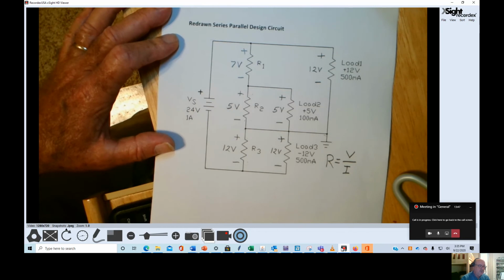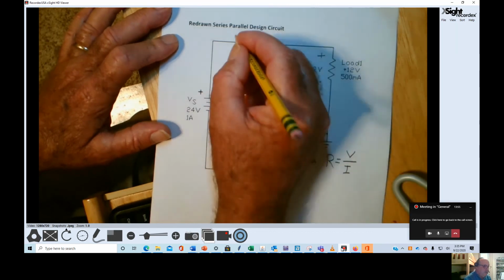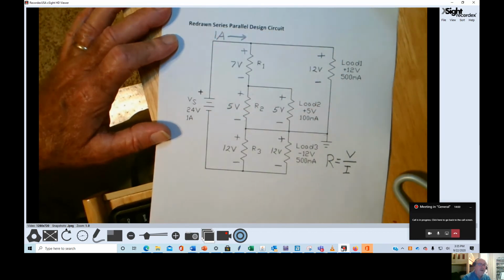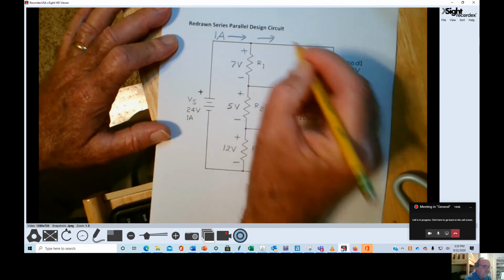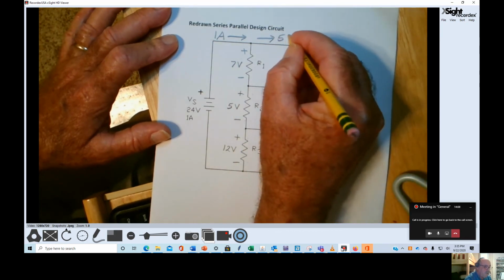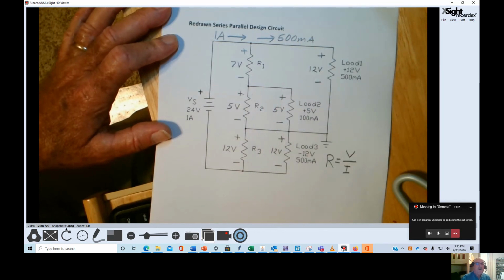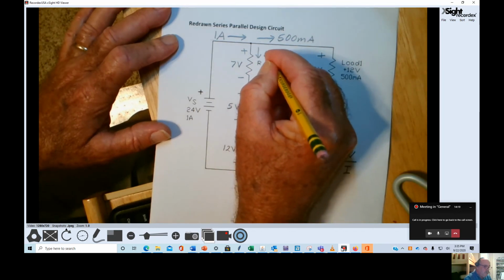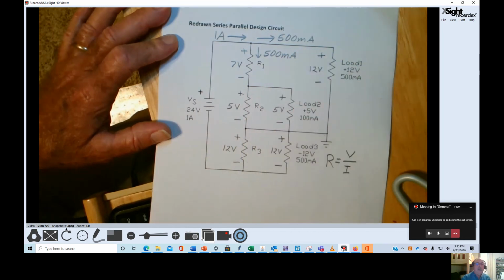So in order to determine the current through these resistors, we'll make use of Kirchhoff's current law. Now we know that the current entering this node is 1 amp. And we know the current that leaves this node to flow through R1 is 500 milliamps. So we know that the current that flows through R1 must also be 500 milliamps.